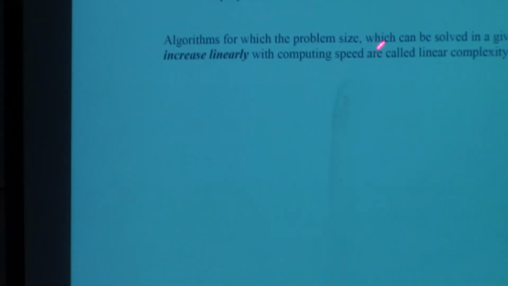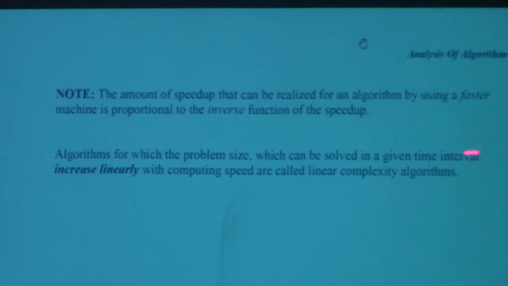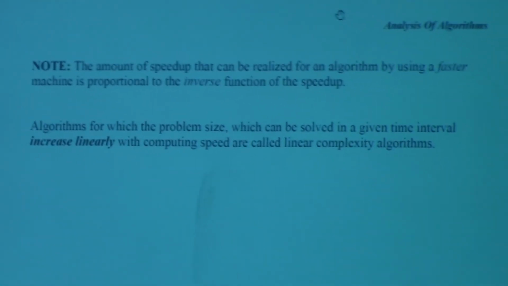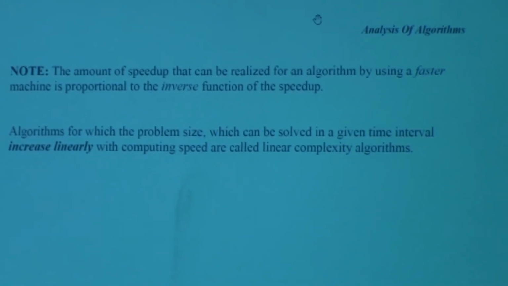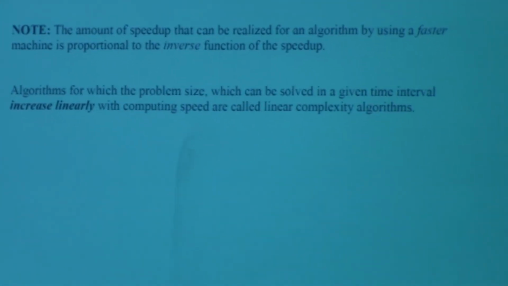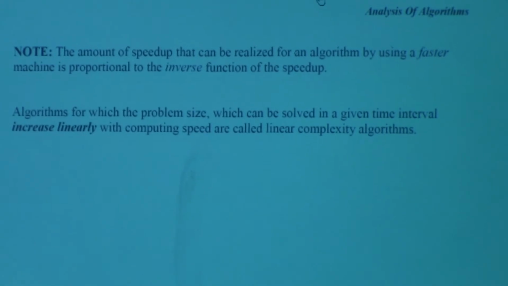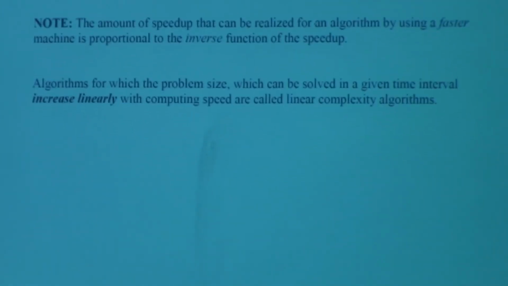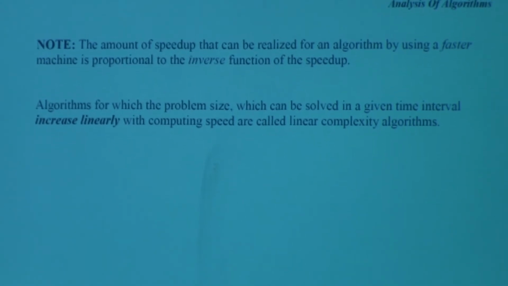Algorithms for which the problem size that can be solved is proportional to the computing speed are called linear complexity algorithms. If an algorithm has a linear complexity, like for example, n, so I have a problem of size n, and the number of instructions I need, 2n, 3n, 4n, is proportional to n, those are called linear algorithms.